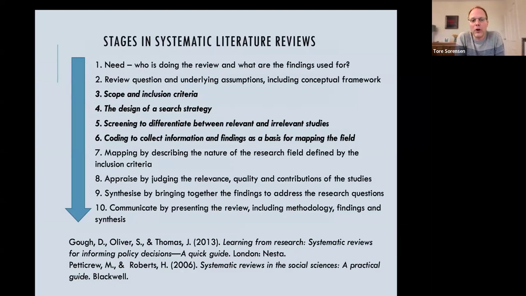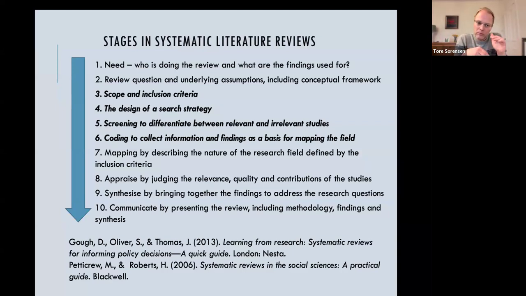And I'm going to focus on stages 3 to 6. But here you see 10 stages. And again, it is certainly not a checklist. It is not a matter of ticking off boxes. Each of these stages offers opportunities for reflection, for decision making, for skilled judgment.